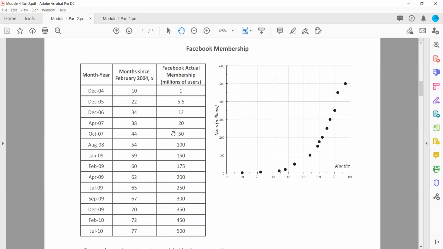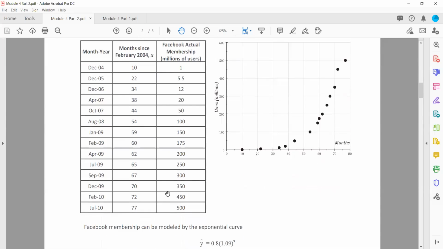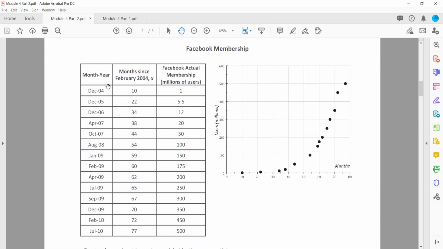And as you can see, this number increases. The last part is for July 2010, 77 months after February 2004, and as you can see, you have 500 million users. Let us take a look at our scatter plot.